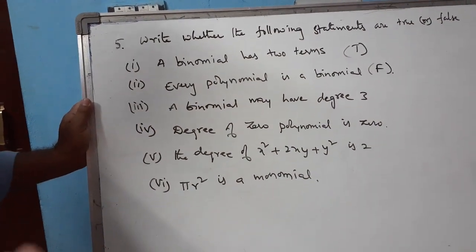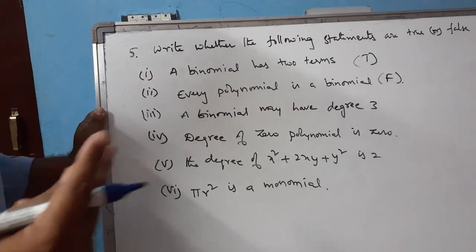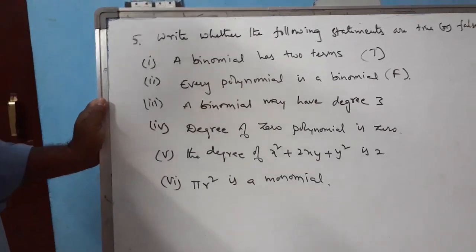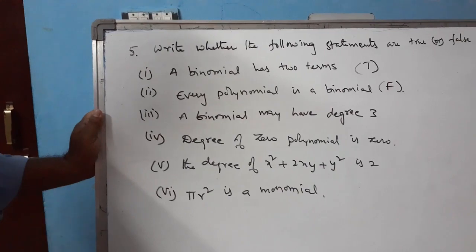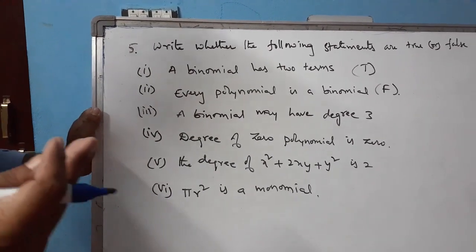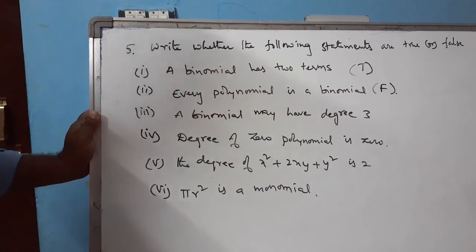Binomial means it contains two terms. Maybe it is a linear, maybe a quadratic, cubic. So a binomial may have the degree 3. A binomial may have the linear, that means degree 1.